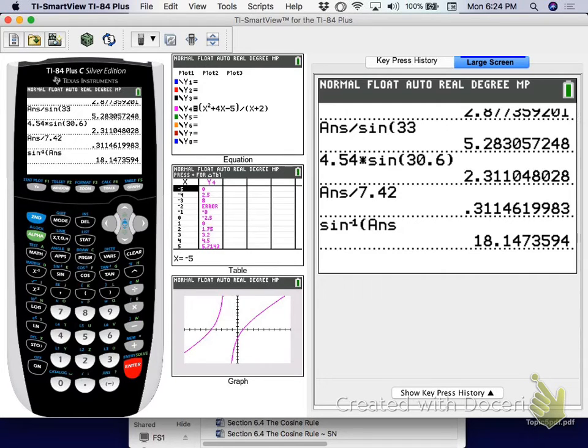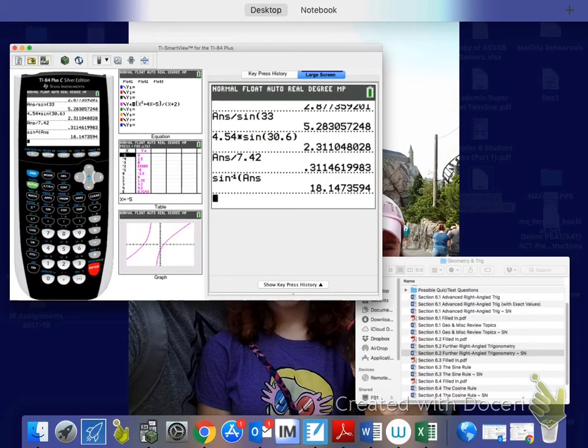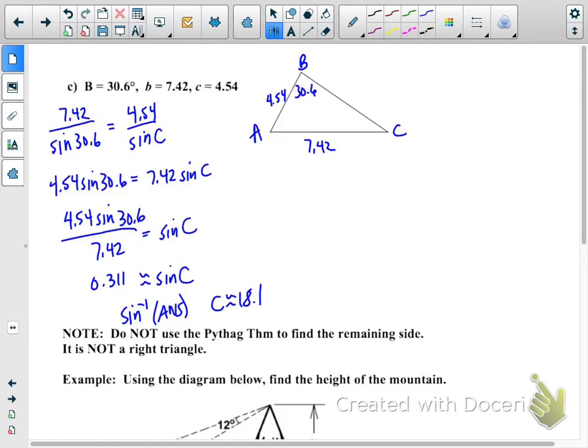If you're not comfortable using the answer key, again, you can store it as C, because that's really what I solved for. Doesn't matter if it's a capital or a lowercase, either way there. All right, so we're not done. Let's finish this one out here. Now I know C. Let me throw that in here, 18.1. Now to find A, I know nothing of A, but I can find angle A by subtracting.